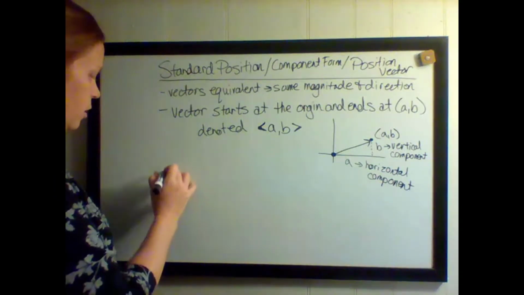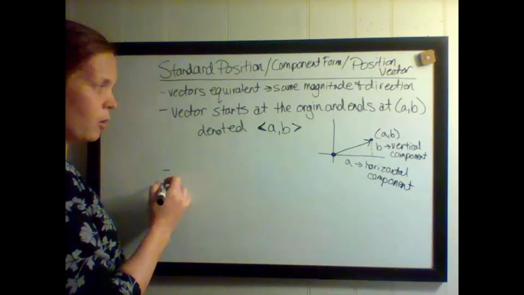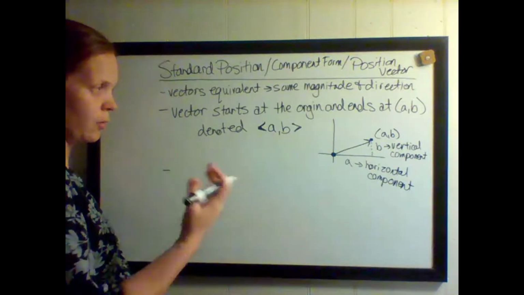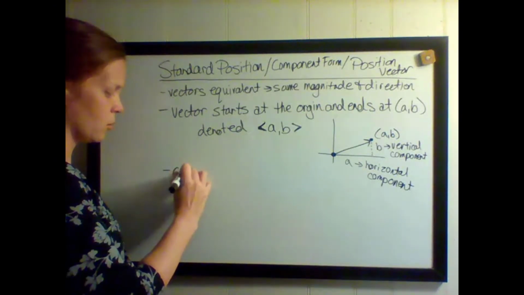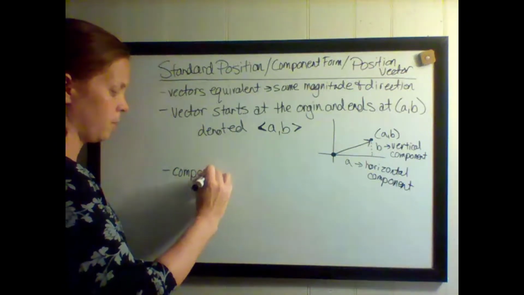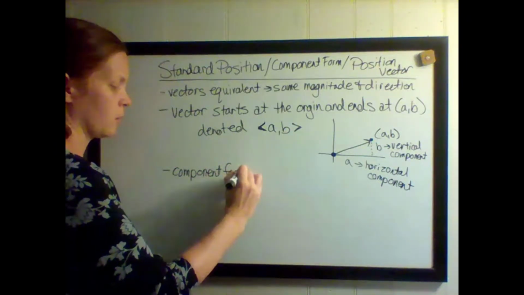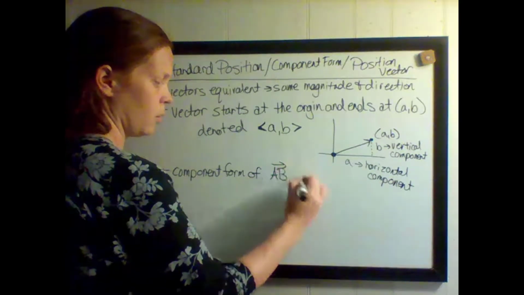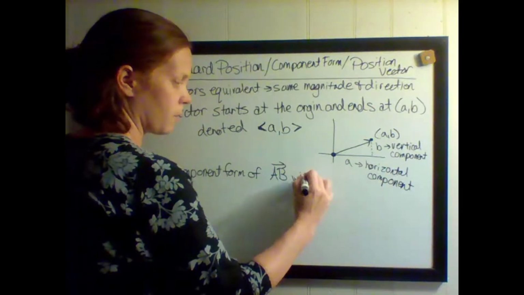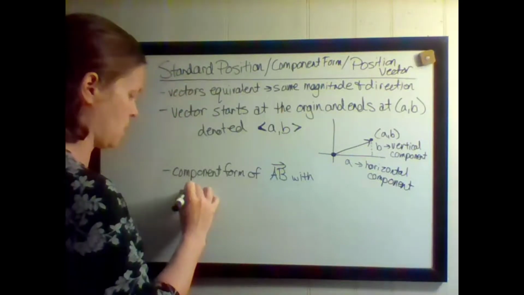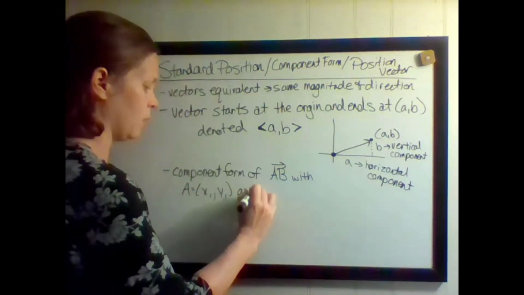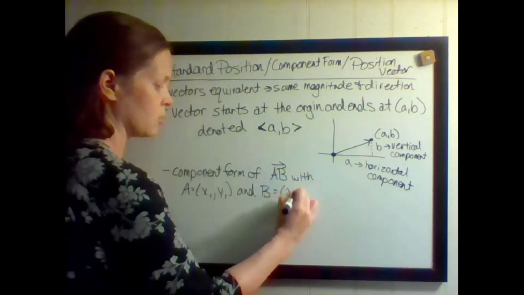And then one more definition with this. Let's say I have 2 different points. So to find the component form of vector AB, with A being (x1, y1) and B being (x2, y2).